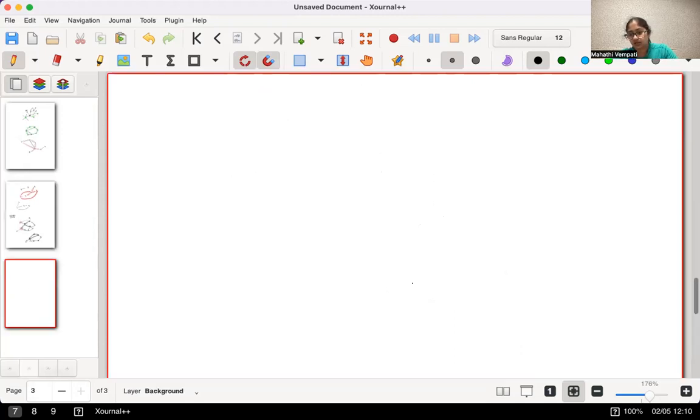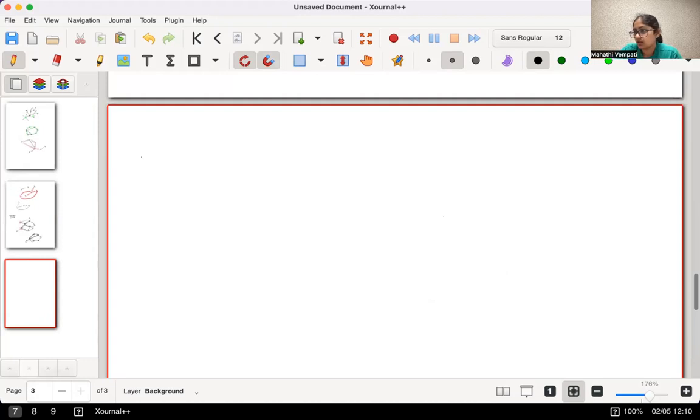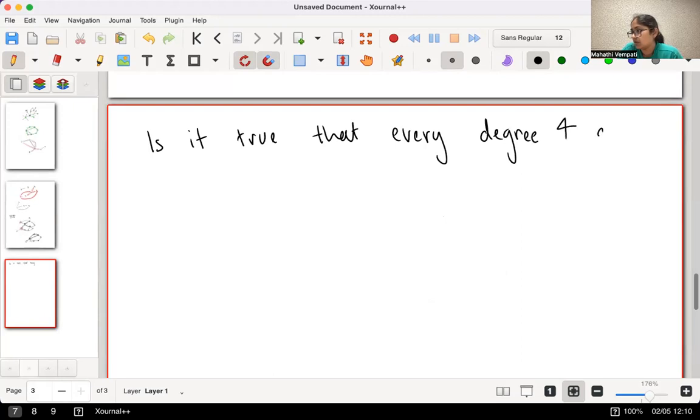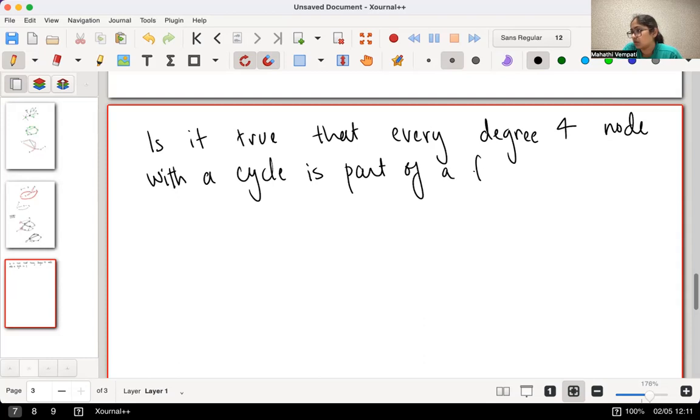Okay, then I guess we can ask, is it true that every degree 4 node with a cycle is part of a fish graph, or is the U in a fish graph?